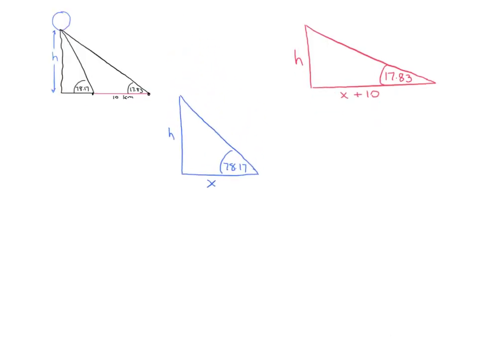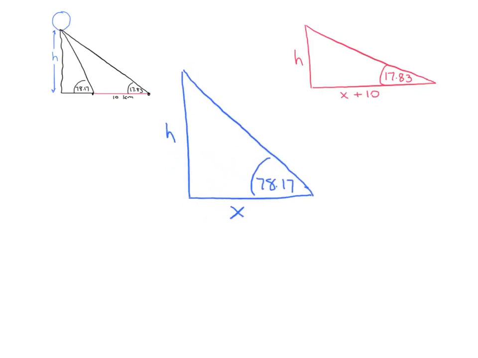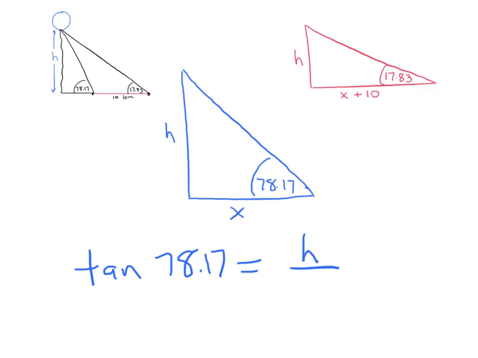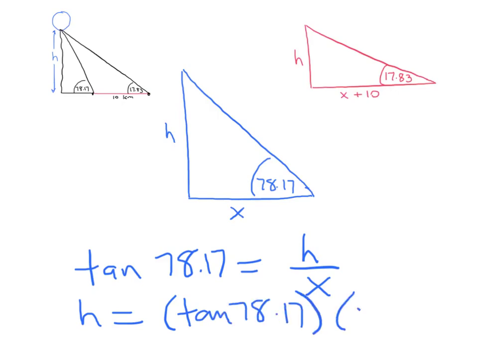So if we look at the first triangle, the blue triangle, we can say that the tan of 78.17 is equal to the opposite side, h, divided by the adjacent side, x. And we can also say that h, therefore, is equal to tan of 78.17 times x.